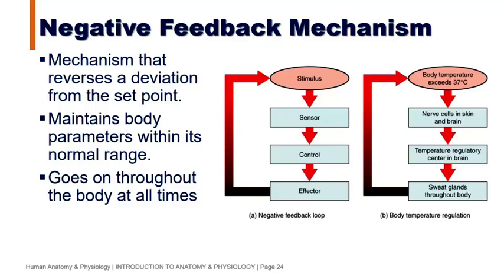What happens next is that the nerve cells in the skin and the brain sense that the temperature is higher than normal. Then your body will regulate the temperature by sending a signal to your brain throughout the day to adjust it so that it goes back to the normal temperature, and it goes round and round.